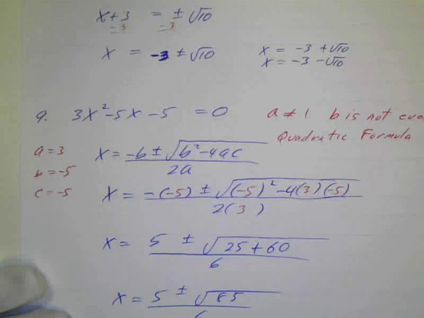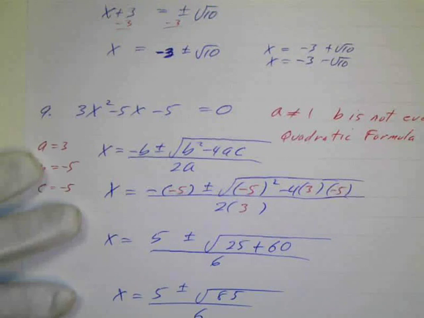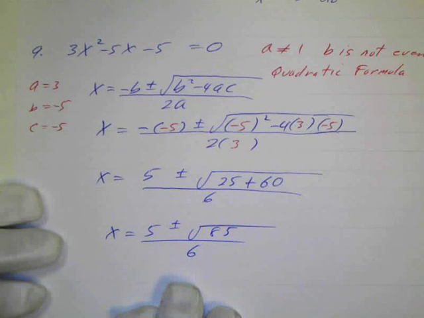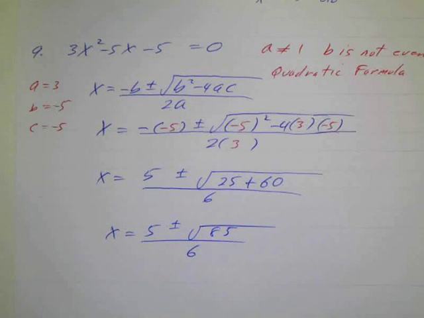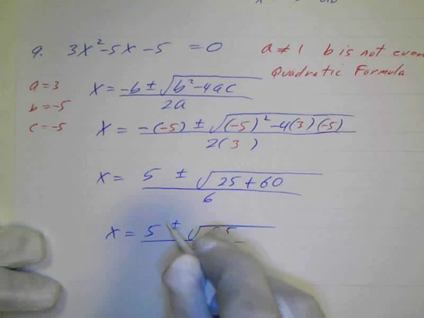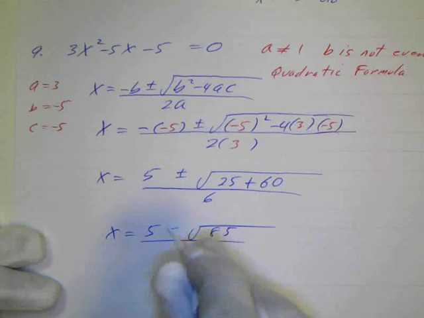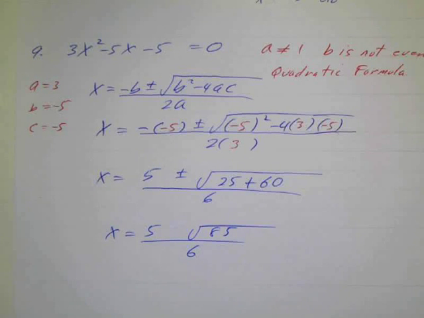And there's your answer. I know my plus or minus is a little bit high. It should be a little bit lower there, so I'll move it down for you. And that's what we got.